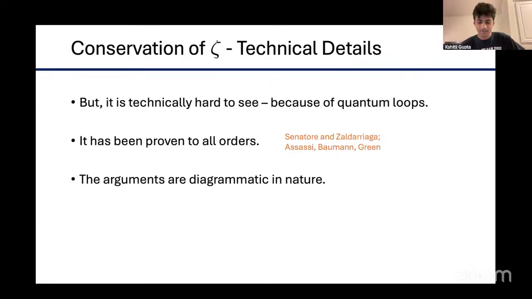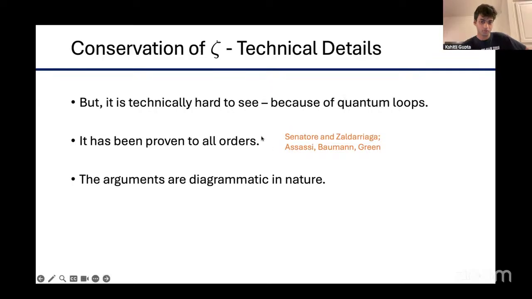This seemingly intuitive fact, at least from the symmetries that we expect to hold, is hard to show technically. Zeta is a quantum perturbation, so we want to show this in a quantum calculation. But because of quantum loops, this is technically quite challenging to actually prove.